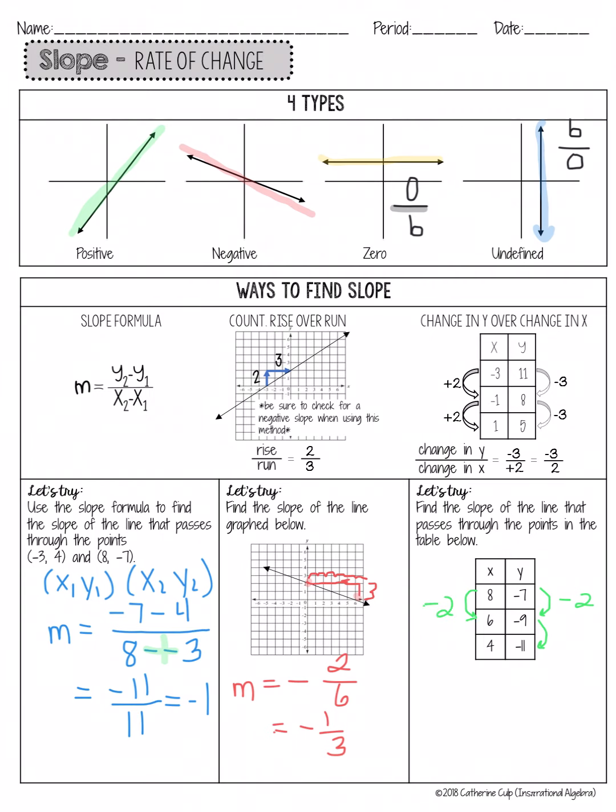And also, if I go from 6 to 4, I'm going down 2. So I'm going to write m equals, the change in y is negative 2. My change in x is negative 2. Negative 2 over negative 2 can be simplified to positive 1. If you're not sure, use your calculator. You should be able to know a negative over negative is a positive, and 2 divided by 2 is 1.